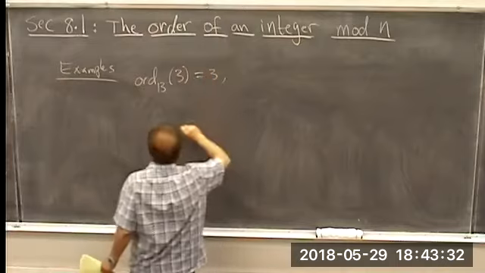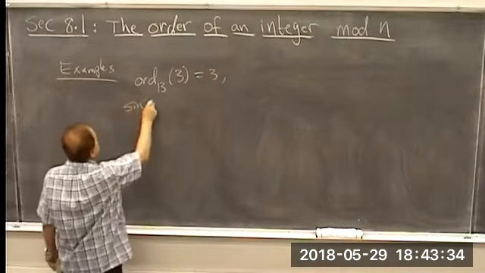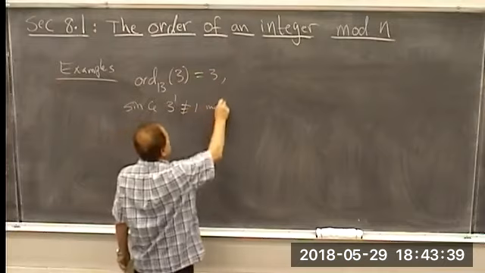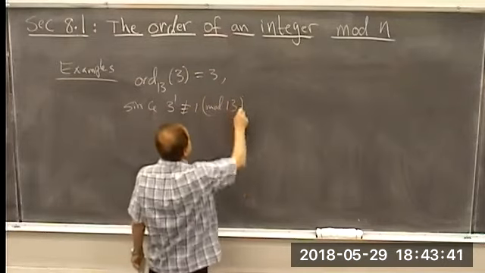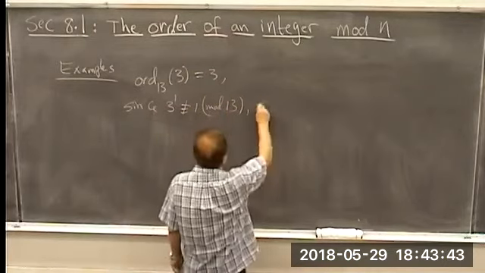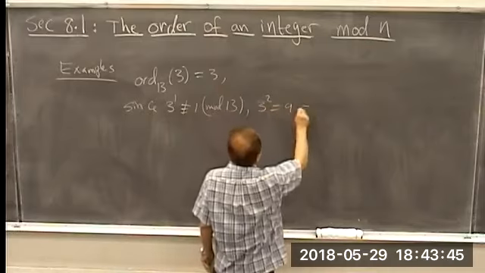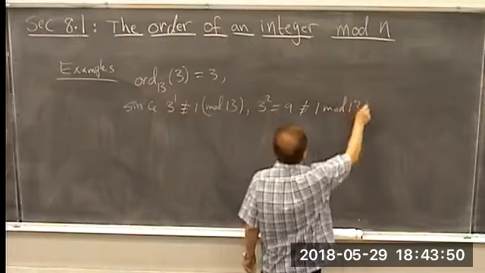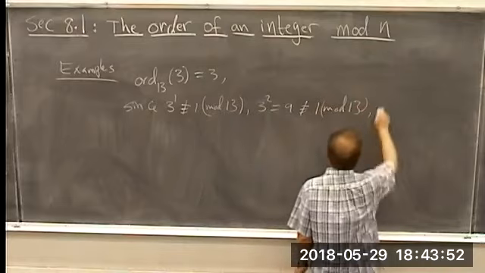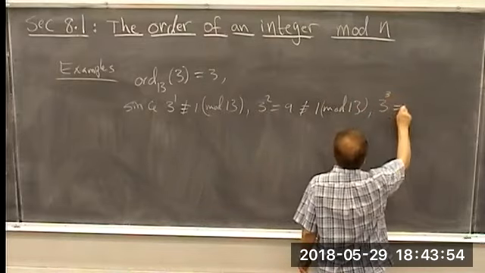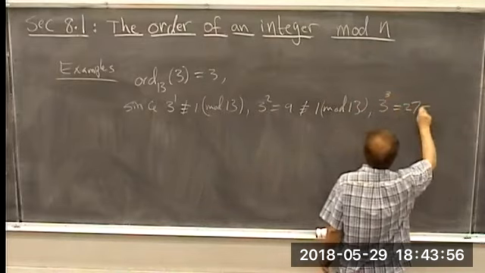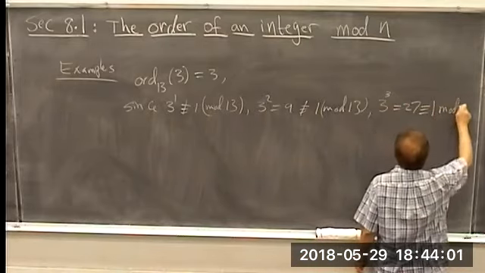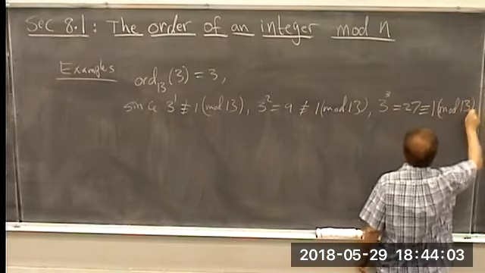And you can check this since 3 to the 1 is not congruent to 1 mod 13. 3 squared is 9, and this is not congruent to 1 mod 13. And 3 to the third is equal to 27, and this is yes congruent to 1 mod 13 because the difference is 26.